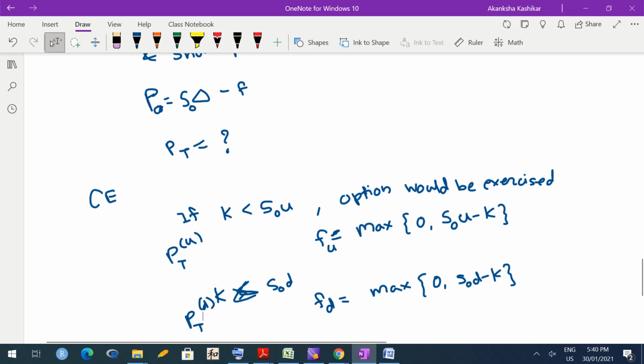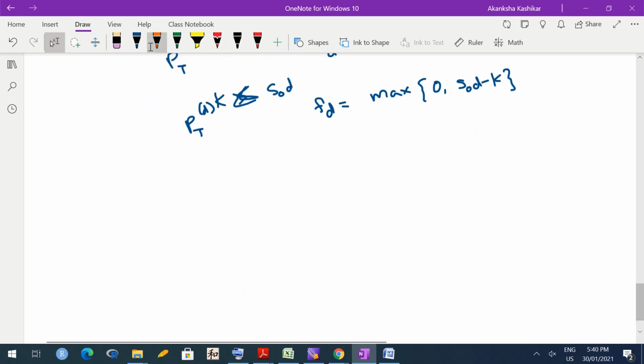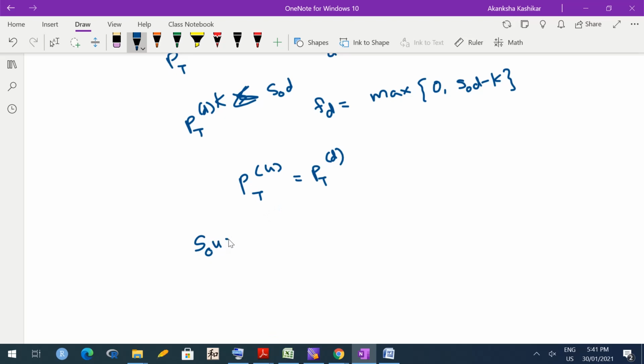If we want to maintain a risk-free or riskless portfolio, then the portfolio worth should remain the same irrespective of whether the stock has gone up or down. So PTU should be equated to PTD. PTU is S0U delta minus FU, because we had a short position, and this is S0D delta minus FD. I am just emphasizing again, this U is a multiplier whereas this U is a subscript.